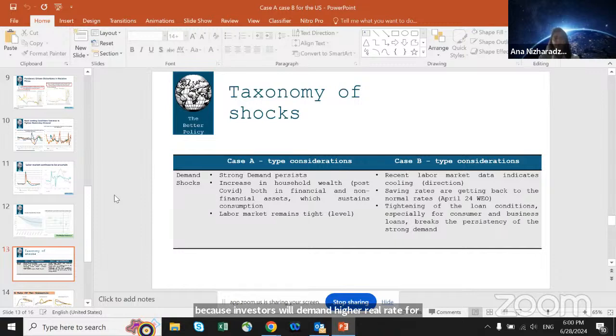Also in case A, the unemployment rate will go down in the short term, because in the short term we will still have these generalized excess demand conditions, and later it will moderate and go up to 4.2%, which is in line with CBO's estimate.